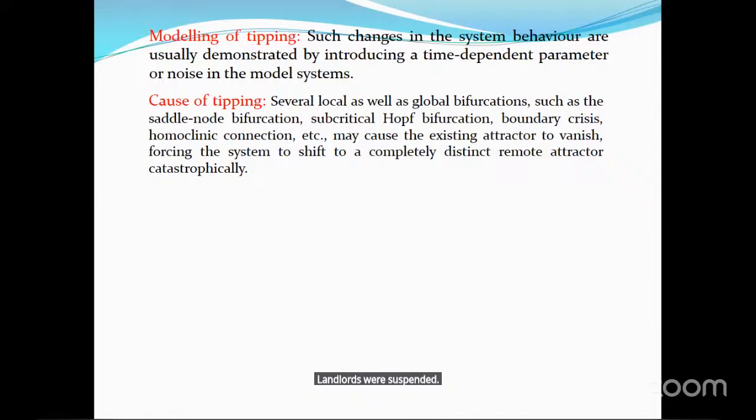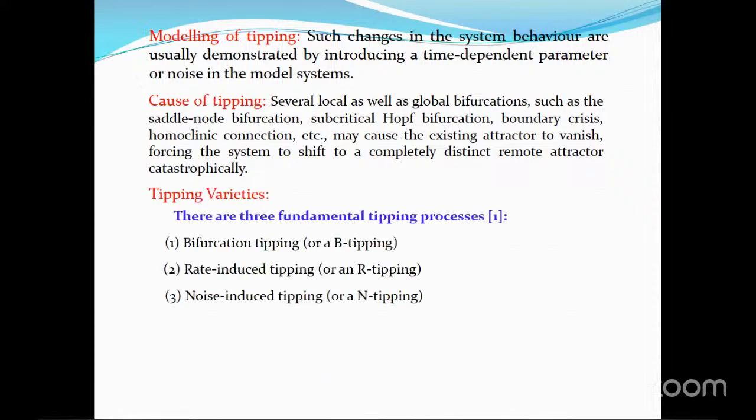Sometimes some global bifurcation, like homoclinic bifurcation, or sometimes boundary crisis, causes the current attractor to disappear and the system moves to a remote attractor. Then you get this type of tipping.